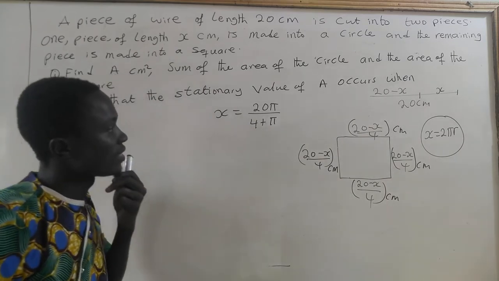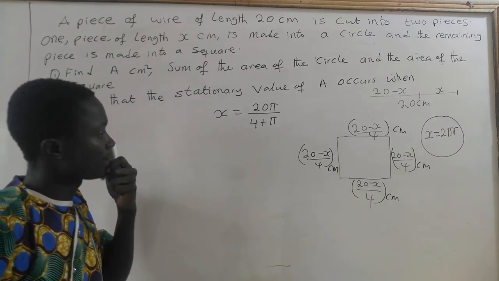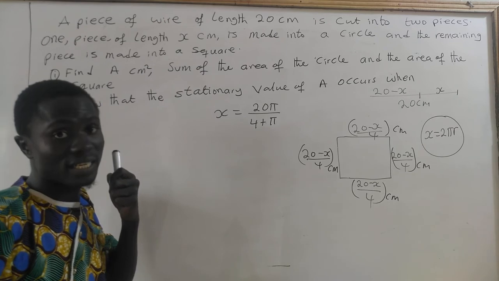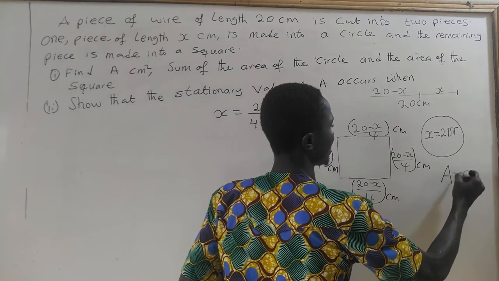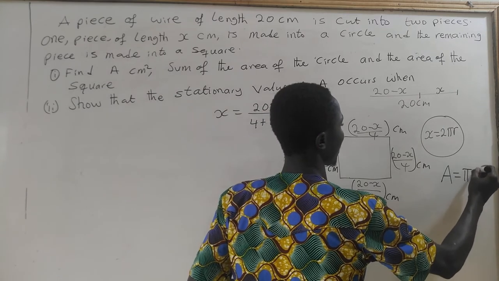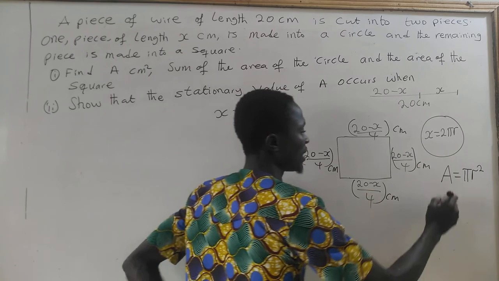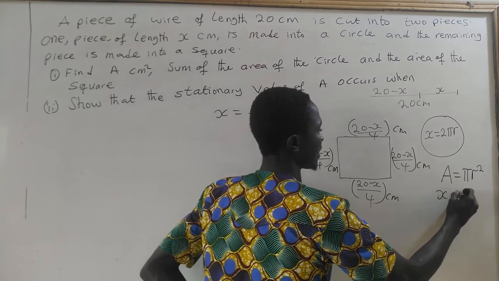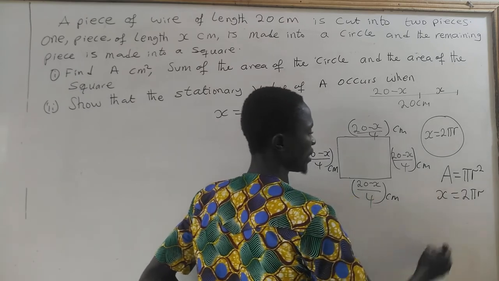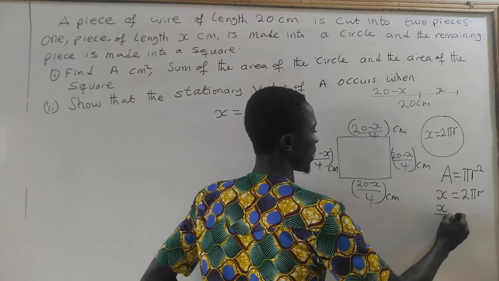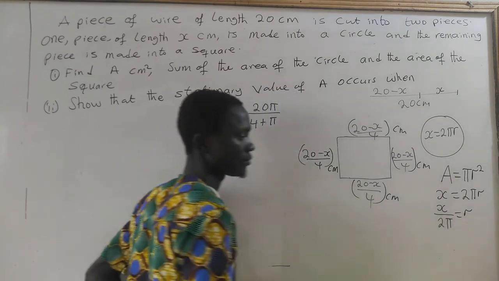Okay, so what do we do? Let's find the area of the circle. The area of the circle is given by pi r squared. But we know that x is equivalent to 2 pi r, so from here, x divided by 2 pi equals the radius.